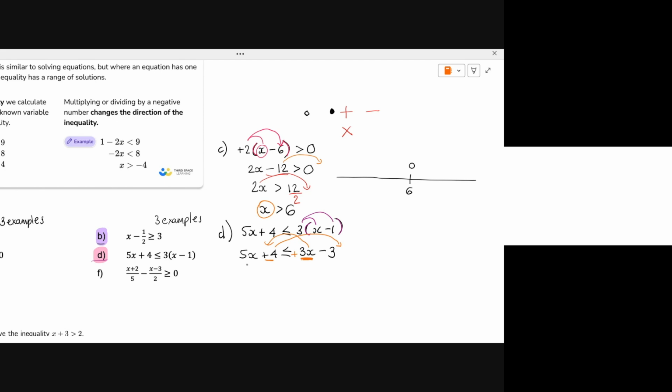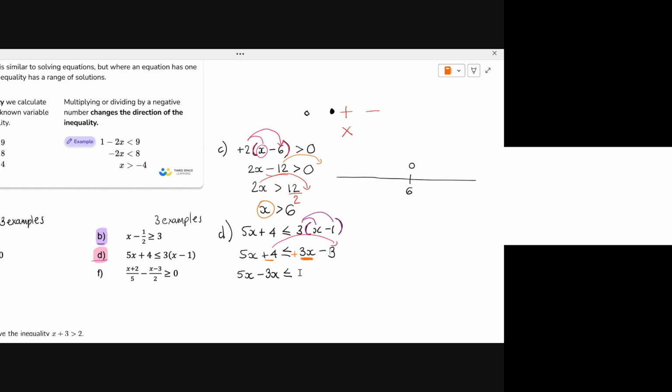Let's rewrite this. 5x didn't move, so 5x stays. But what comes over and joins it? 3x, which is now -3x. And that is less than or equal to. Now, the positive 4 also needs to move over to that side. And because it's positive 4, when it goes to the other side, it becomes -4.